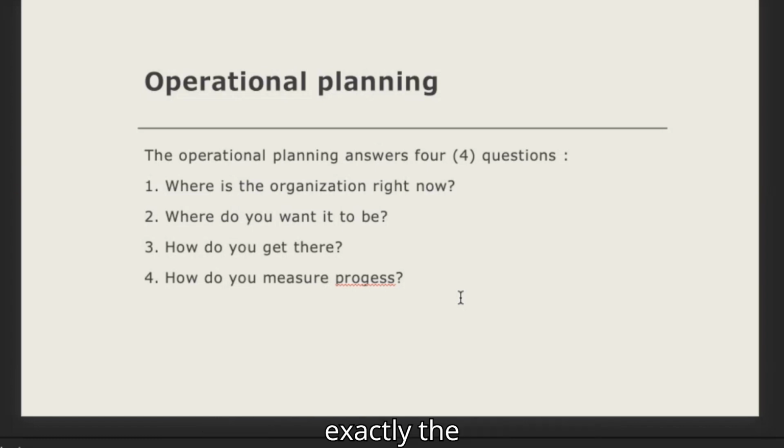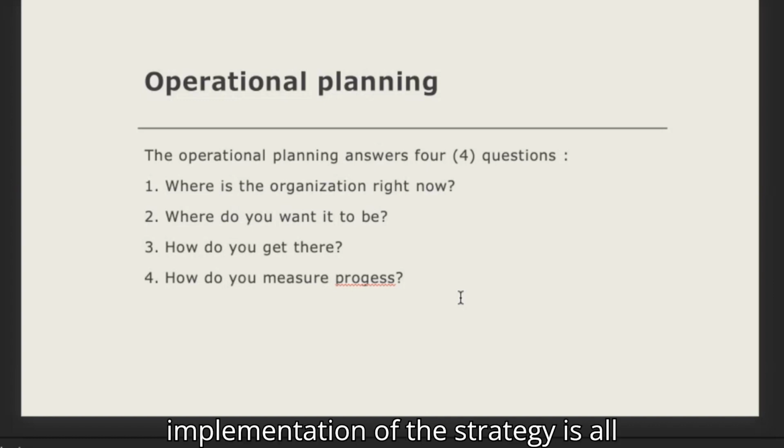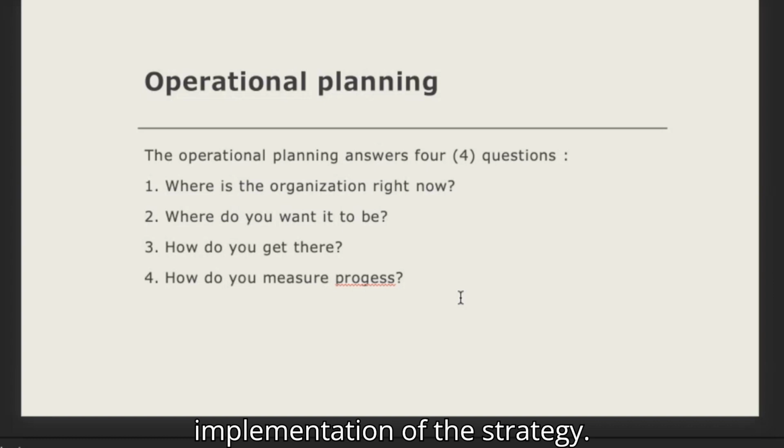What exactly is the implementation of the strategy all about? It talks about the exact implementation of the strategy. So, operational strategy is not a strategic plan. It is part of the strategic plan. That we need to understand.